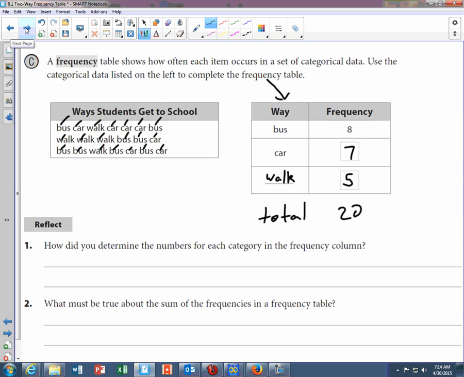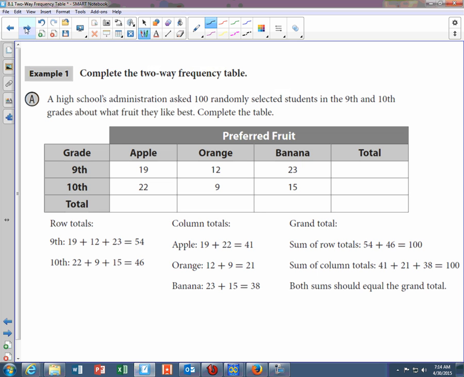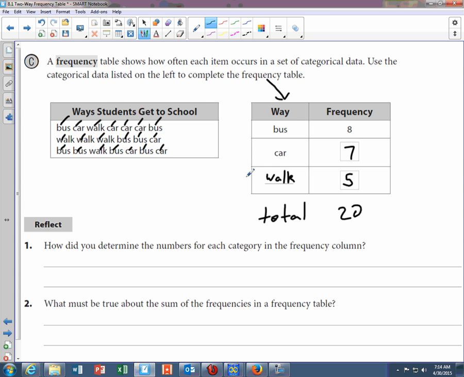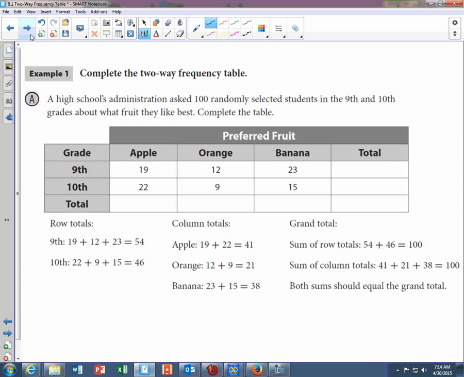All right, we are going to move on, and we're going to go to example one. Example one is on the next page. It's on page 348, and this is called a two-way frequency table. Back here, we only asked them one question. Do you bus, car, or walk? And they had to choose one of those things. But in a two-way frequency table, we compare a question or one categorical data to another set of categorical data.